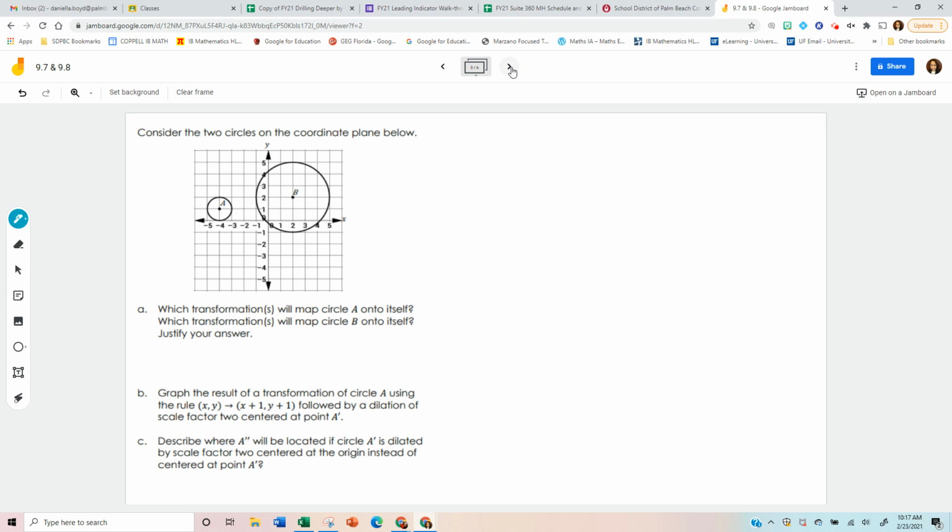What would map them onto themselves would be, hopefully you agree with me, a rotation. If I rotate circle A, guess what? It's not going to change, right? If I rotate circle B, it's not going to change. That's my justification. The other one would be a reflection. The reason being, if I reflect circle A across that line, it's still going to look the same.